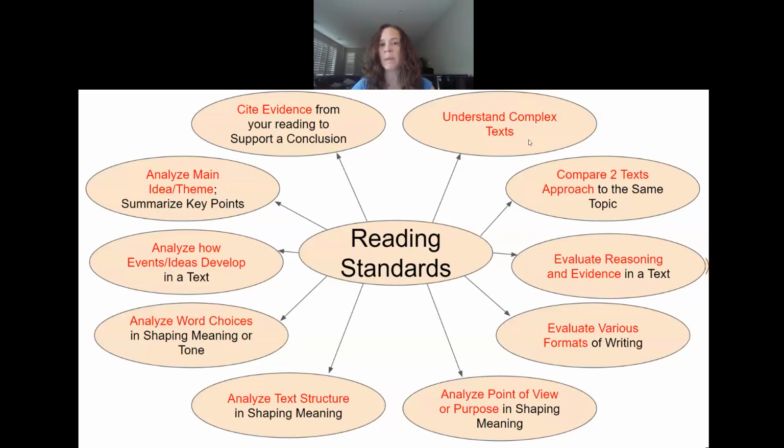And lastly, understand complex text. So this is one of the biggest ones that I think is going to be important for you as a class, because you are still working on raising your level of reading. And you're going to encounter complex texts that you don't understand, or that are filled with lots of vocabulary that you're not familiar with.